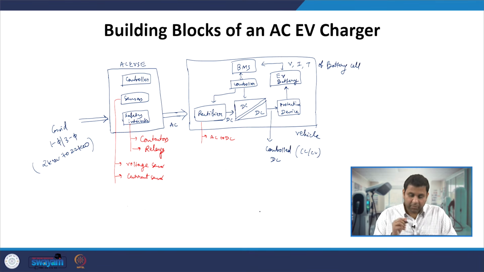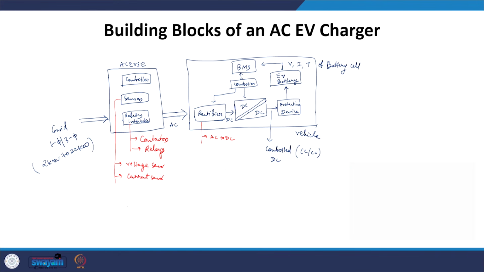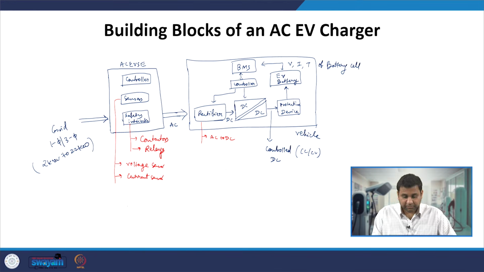It defines what kind of voltage it needs at the output of the isolated DC-DC converter, and accordingly the DC-DC converter and rectifier operate such that the required DC voltage is obtained at the output. So this is the BMS which will determine the output coming from the power conversion unit.